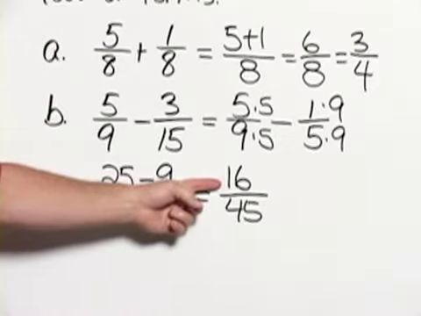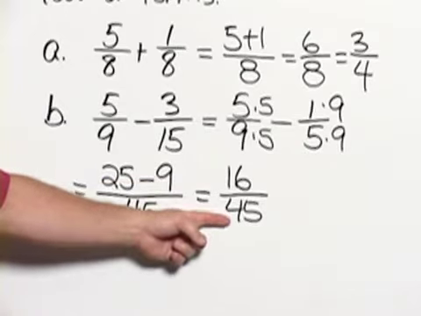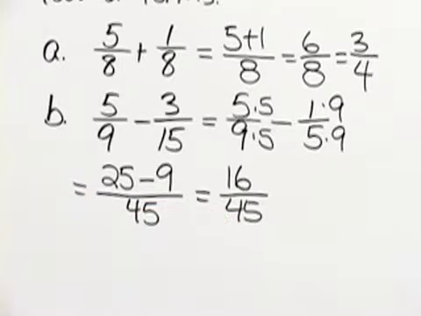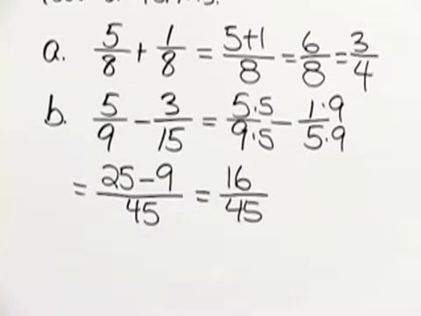Factors of 16 are 2 times 2 times 2 times 2. For 45, it's 9 times 5 or 3 times 3 times 5. There are no common factors, so the lowest terms is 16/45.